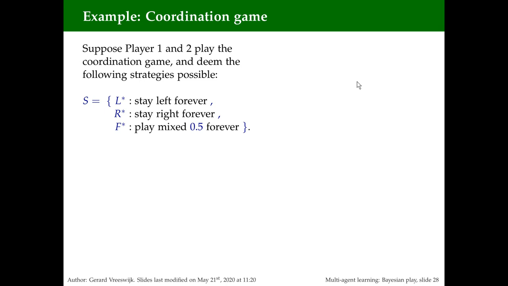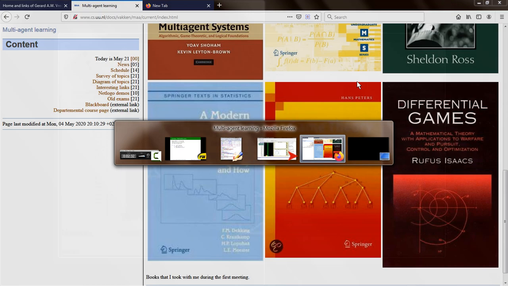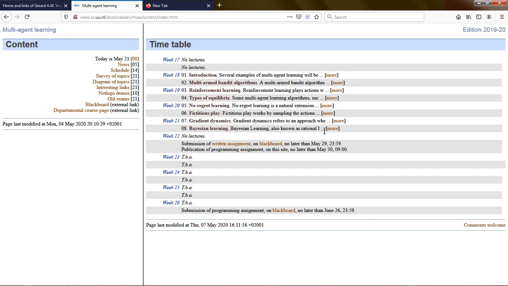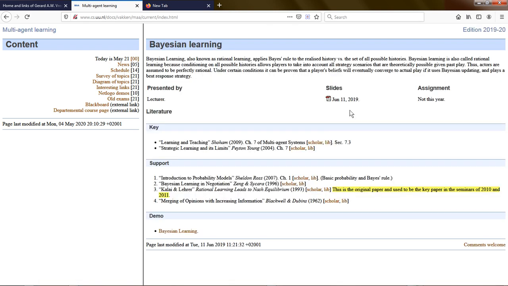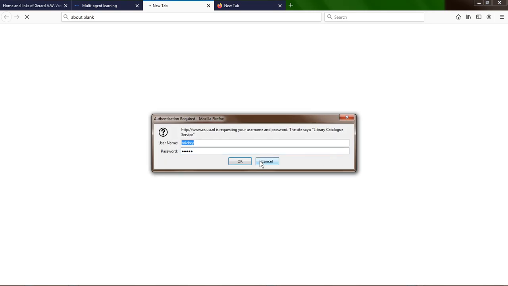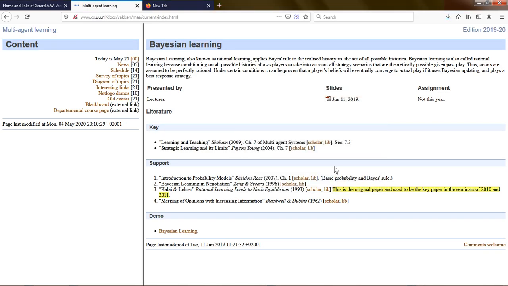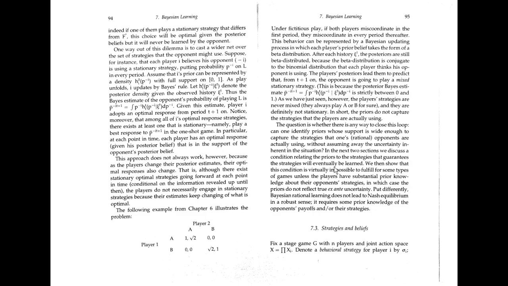Another example, which is due to the monograph of Peyton Young, the example discussed on page 94.